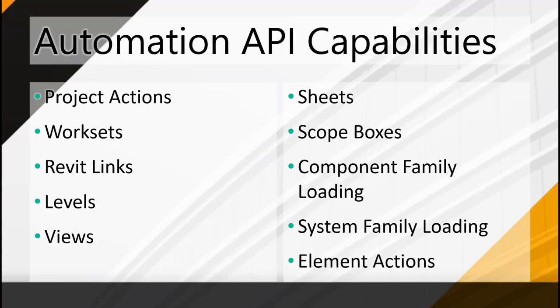And finally, there's a ton of element actions that you can take. You can get the properties of families, types, instances in the project, know exactly where they're placed, know every single property parameter value, custom or otherwise, about these elements, and make edits to anything that is editable.